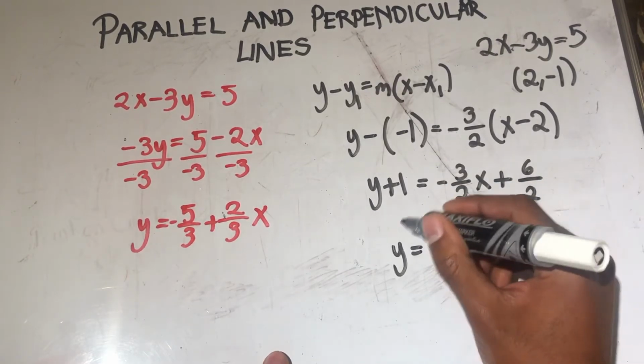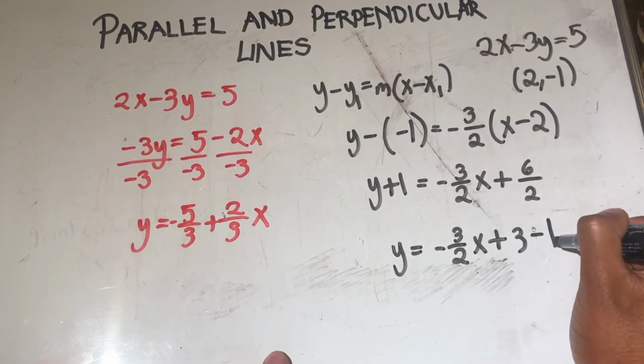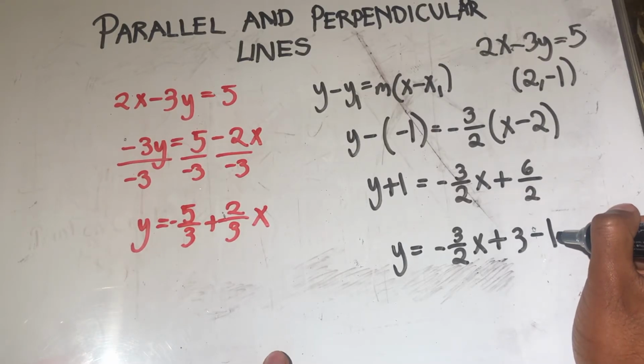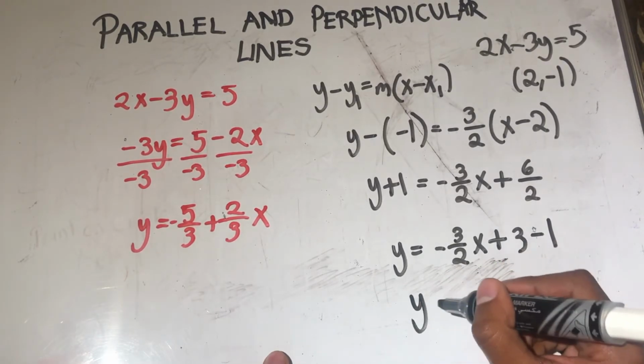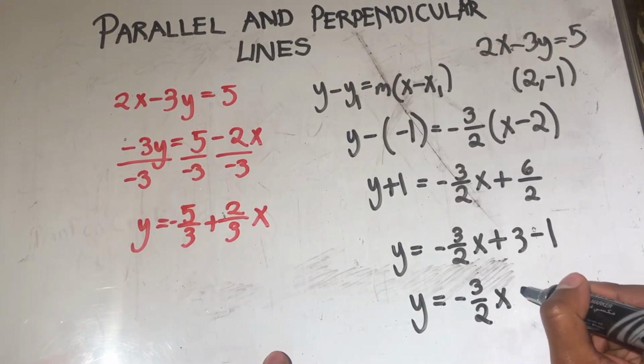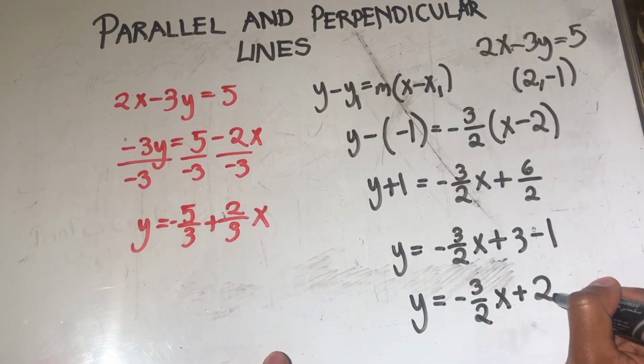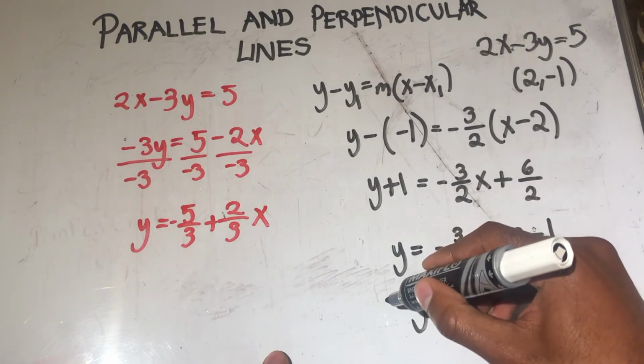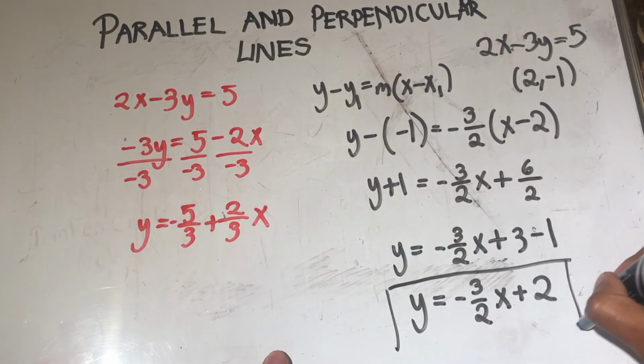And then plus 1 on the other side will become minus 1. Simplifying further is going to give us this. And this equation is also in slope-intercept form.